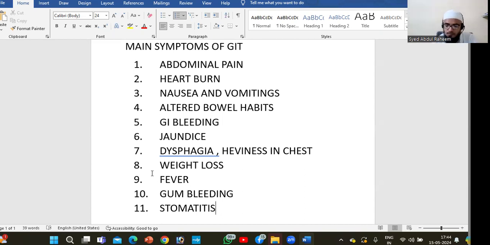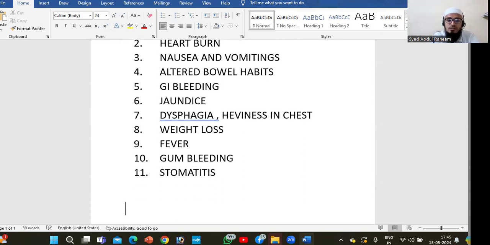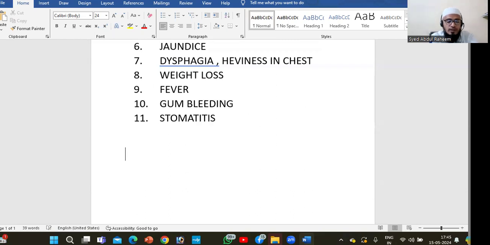Now, these are the symptoms. What are the tests involved to check the GI tract? We have a number of tests related to GIT.